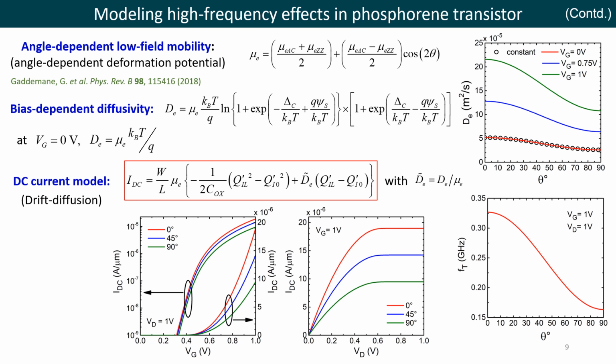Also shown here is the Ft profile with respect to theta, which resembles a similar envelope of mobility or diffusivity. The cutoff frequency Ft was calculated using the given formula, that is Ft equal to Gm by 2 pi Cgg, where Gm is the gate transconductance and Cgg is the total capacitance as seen from the gate terminal.